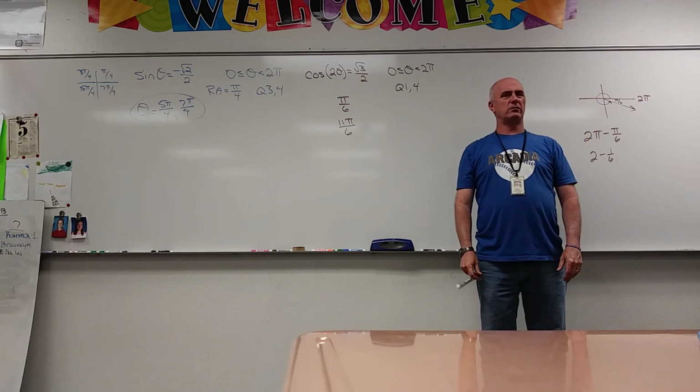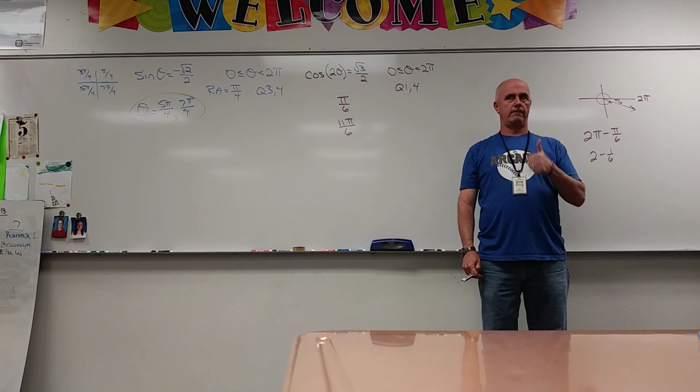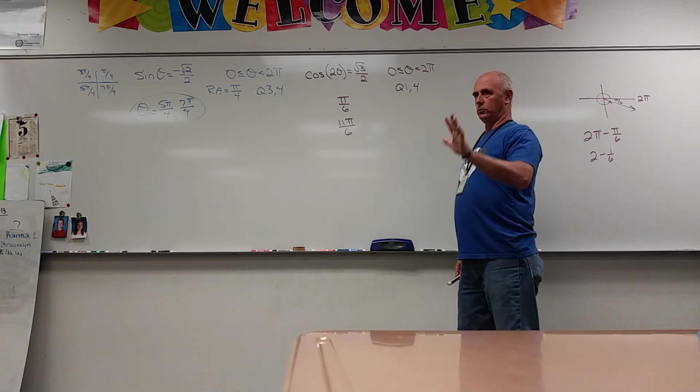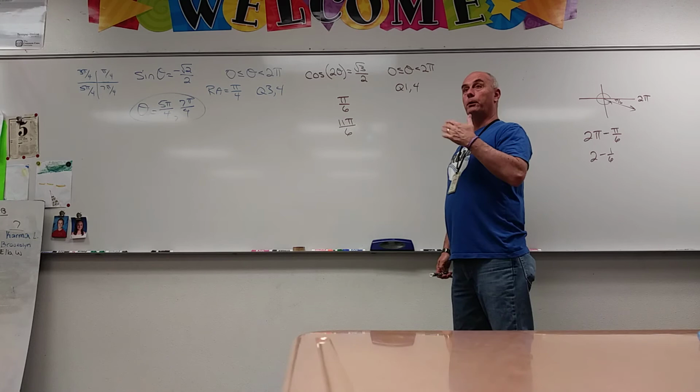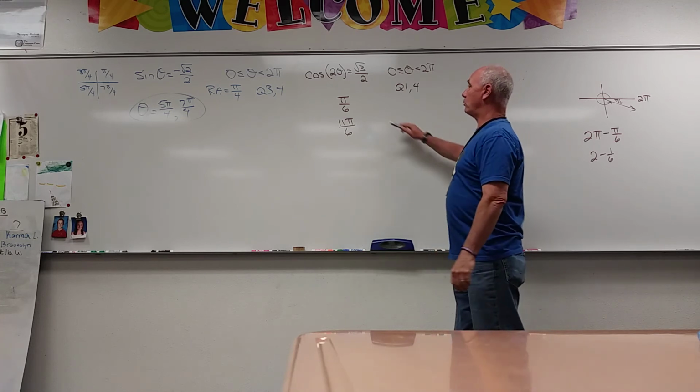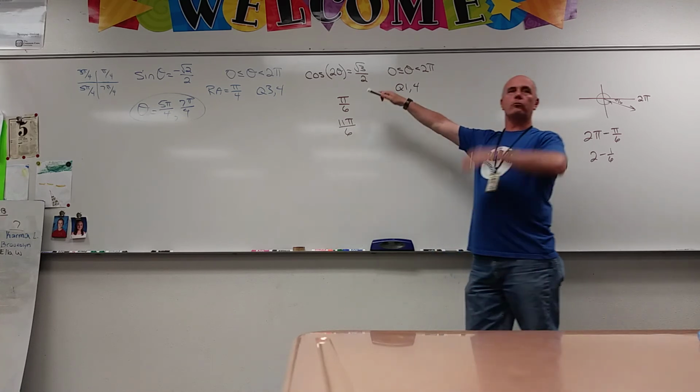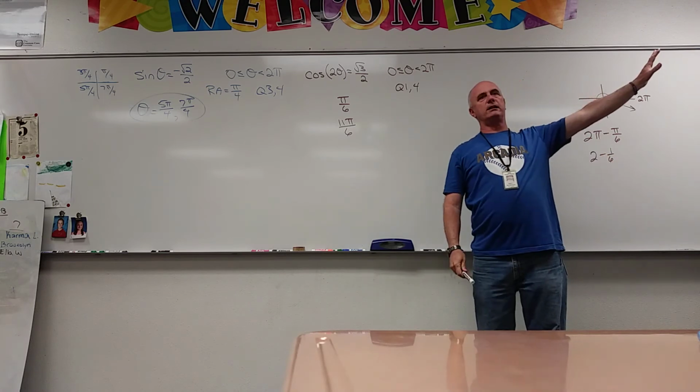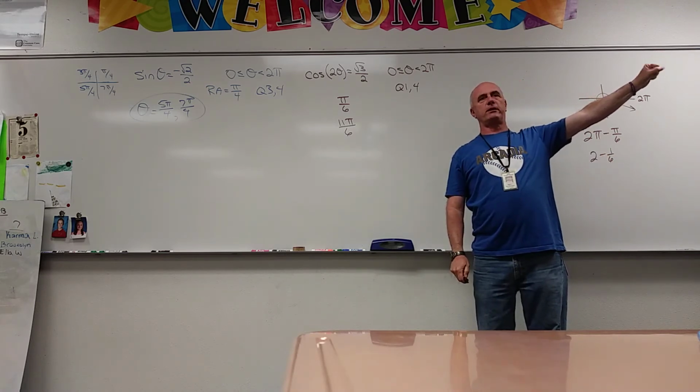How do we go around twice? Remember how we go around an extra time. This goes all the way back to the beginning of trig. Do you remember the phrase?